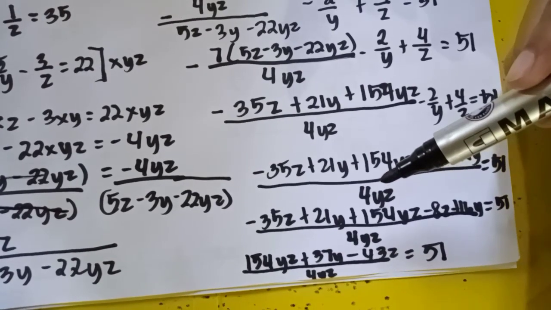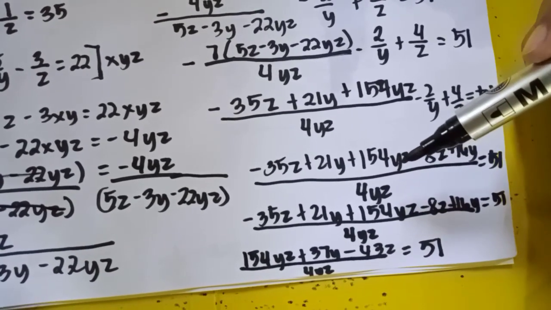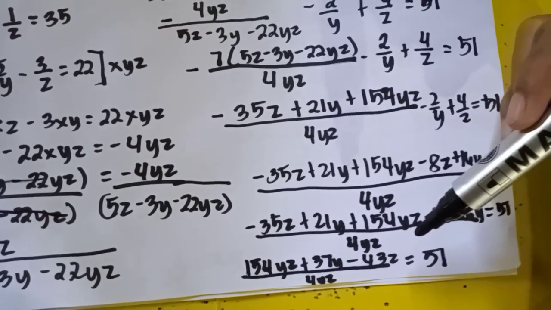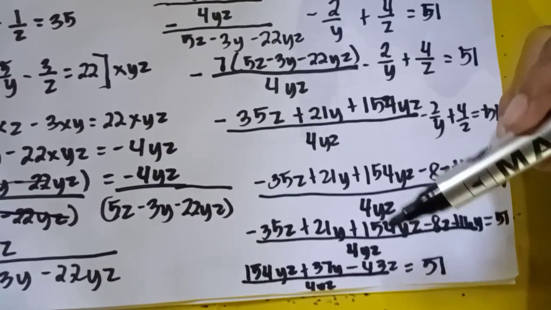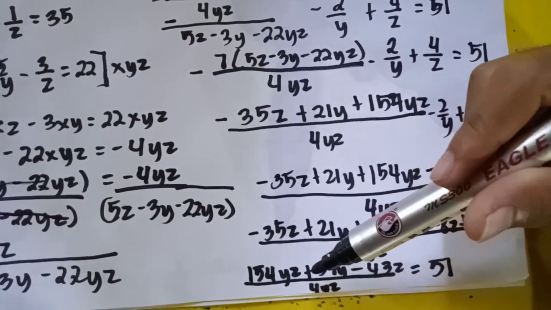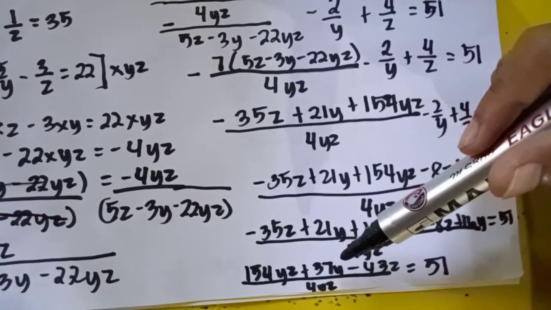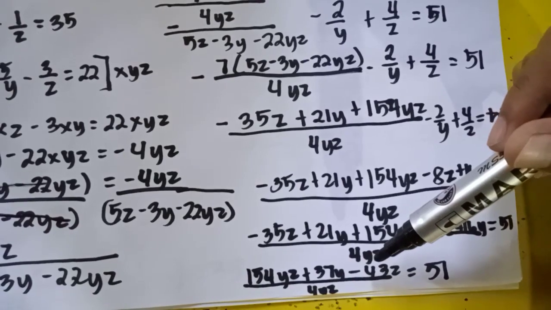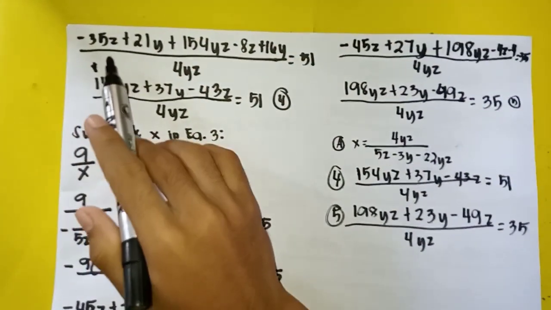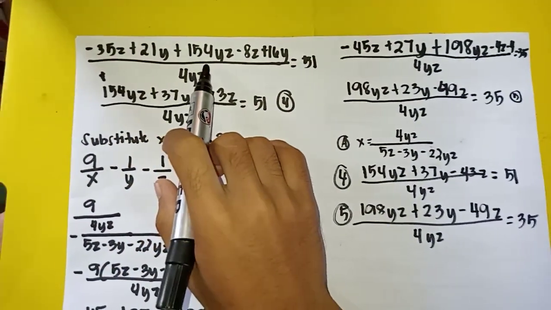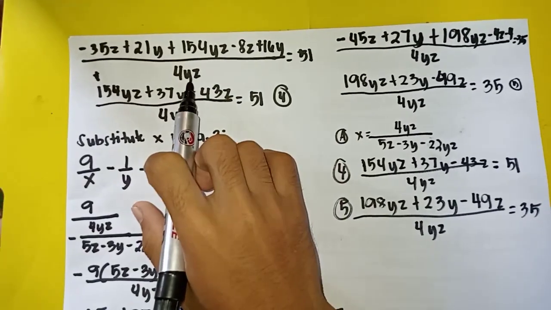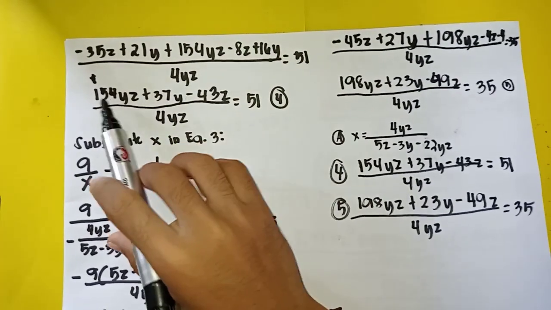Negative 35z plus 21y plus 154yz minus 8z plus 16y over 4yz equals 51.